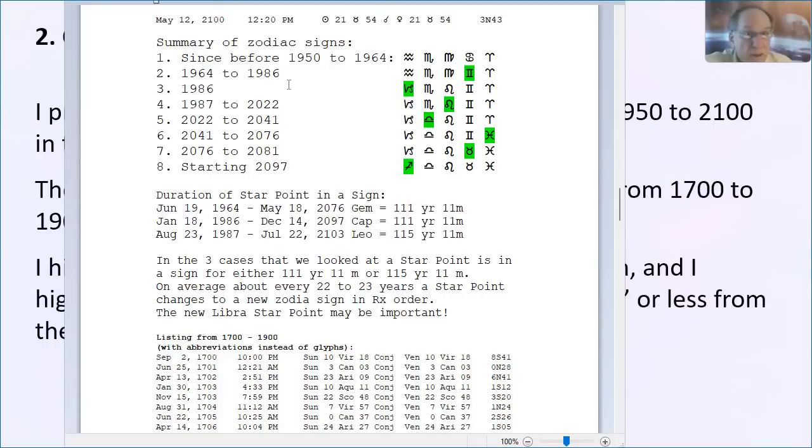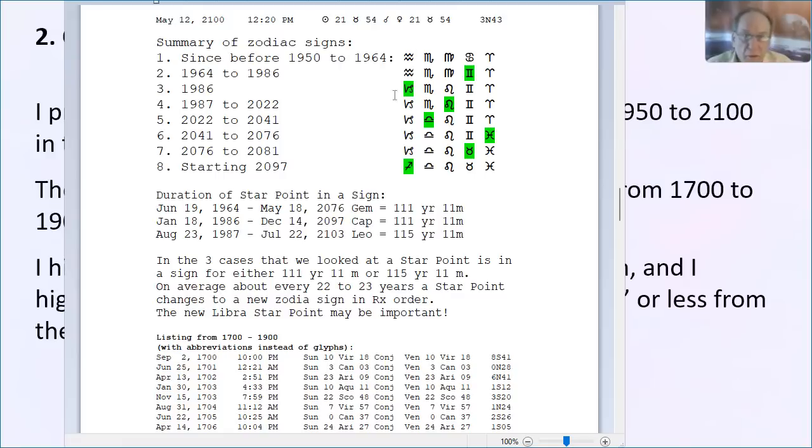Then in 86, we get a change. The following year in 87, we get a change. So from 1987 to 2022, what is that? 35 years. This is the rhythm of the point of where the Sun-Venus conjunctions occur: Capricorn, Scorpio, Leo, Gemini, Aries.